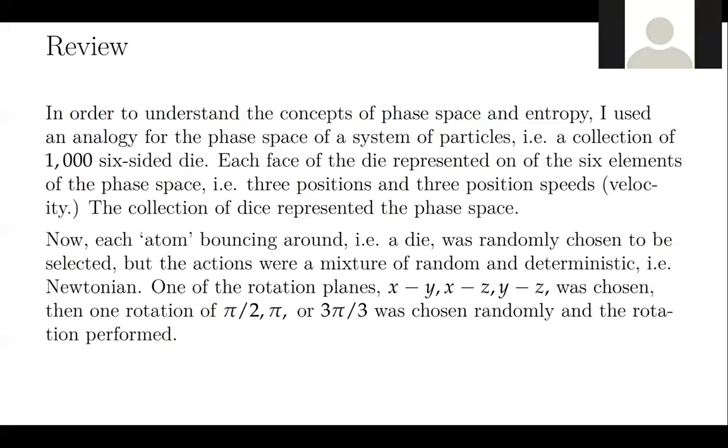But one of those was chosen for each die. And then any one of three rotational angles, pi on 2, pi, or 3 pi on 2, was chosen randomly and the rotation performed.